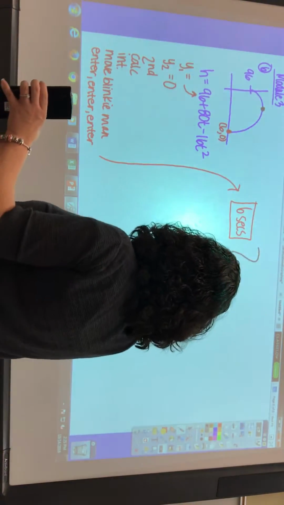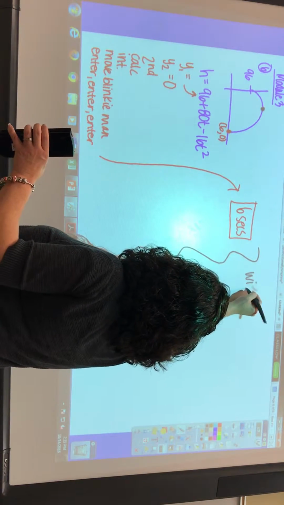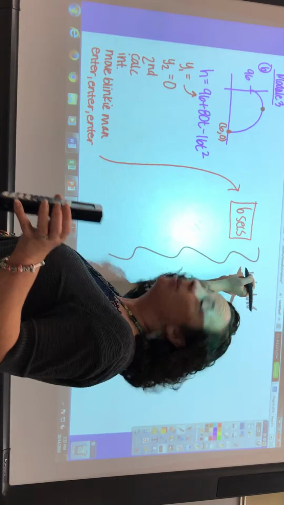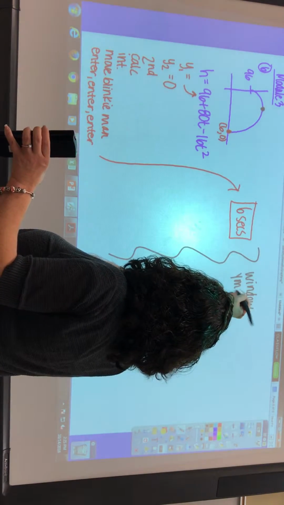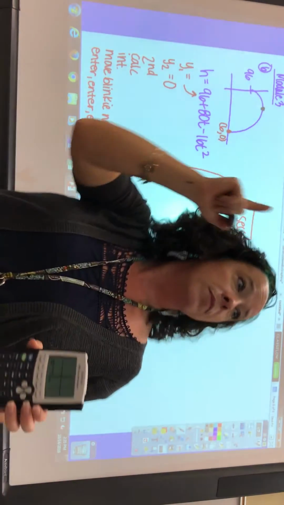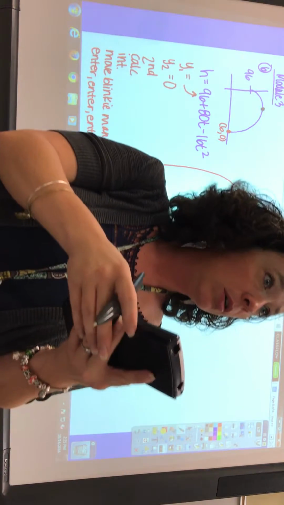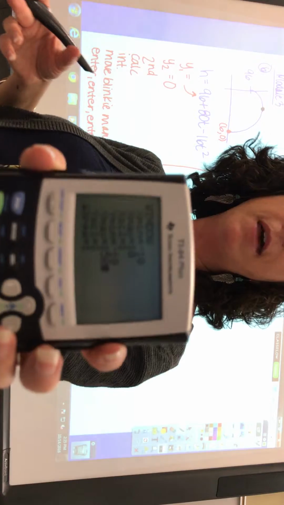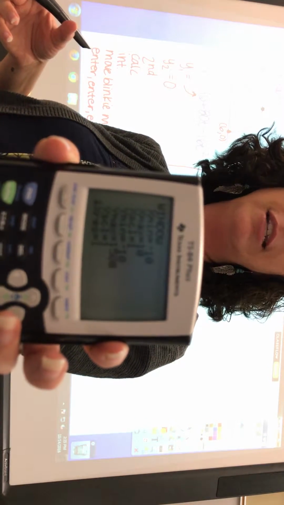So what am I changing? The X max or the Y max? Good, the Y max. And what did you change it to? 150. So I'm going to change my Y max to 150. Now we hope that works. If not, we'll just change it again. It's okay. So I hit graph.